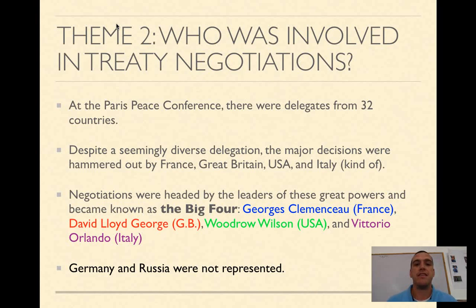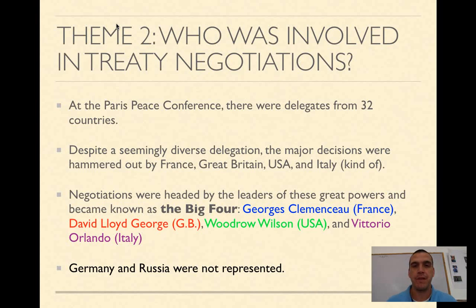These heads of state were known as the Big Four, though I would actually refer to them as the Big Three, because, again, Italy really didn't matter here. But you have Georges Clemenceau from France, David Lloyd George from Great Britain, Woodrow Wilson from the USA, and Vittorio Orlando from Italy.